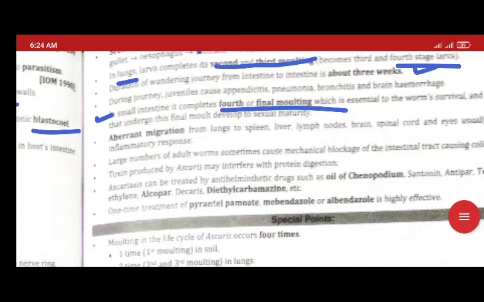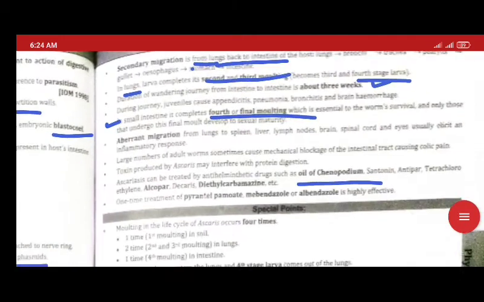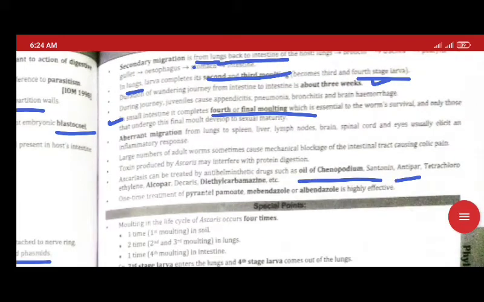Anti-helminthic drugs, that is oil of Chenopodium, Antepar, Alcopar, or diethylcarbamazine, or one time dose is albendazole or mebendazole for anti-helminthic.